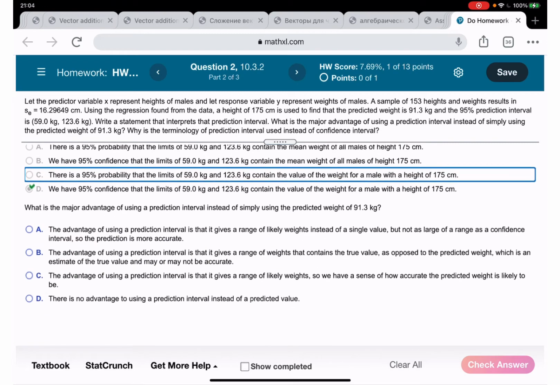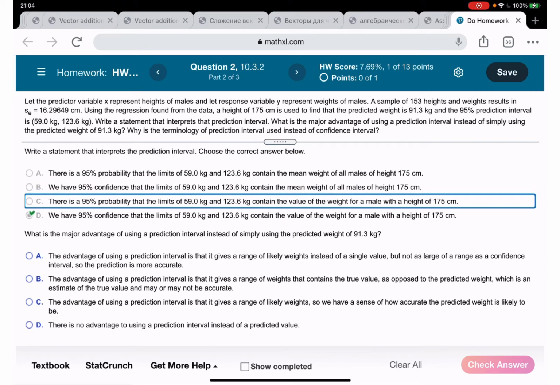Next one, what is the major advantage of using a prediction interval instead of simply using the predicted weight of 91.3 kilos?